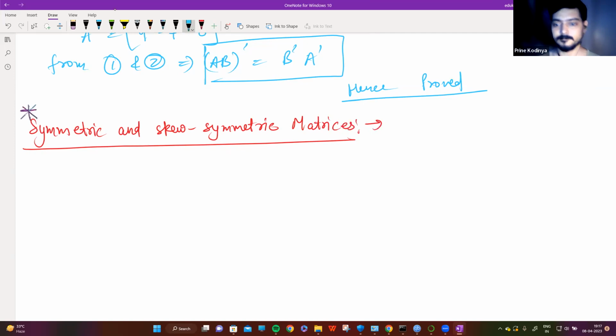So let's say we have some matrix A, whose element is Aij, and this is a square matrix. Now, first of all, whether we are talking about symmetric matrices or skew symmetric matrices, they must be square.